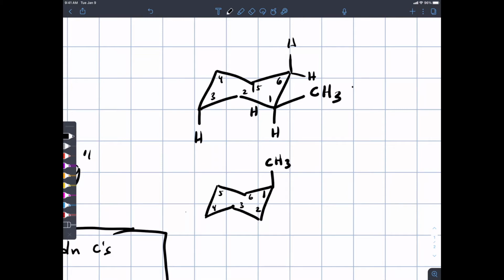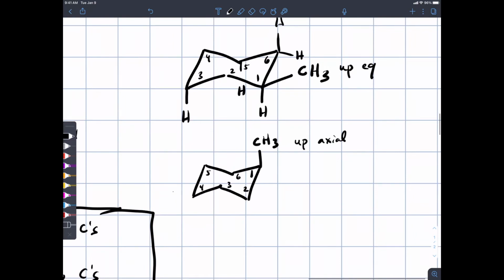Notice we did not change whether or not the proton was up. We simply changed whether it was axial. And then we could fill in the other details. Let's just stick with carbon 1. The proton that was down axial is now down equatorial.